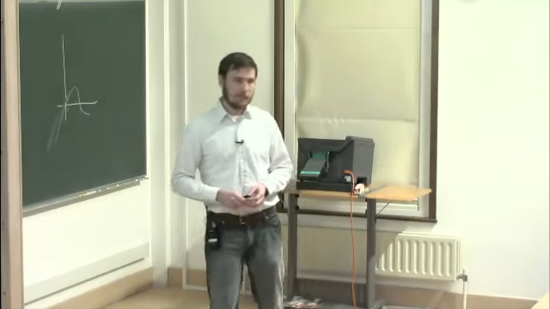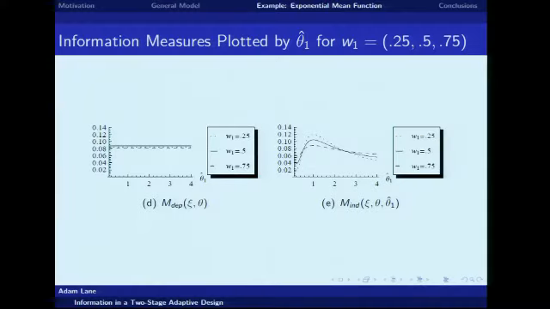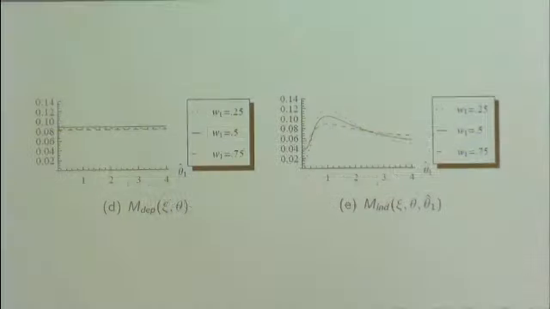All right, so back to information. On the left, we have the theoretical measure, the true measure of information. It's constant with respect to theta hat 1, but the independent measure has a lot of variation in terms of theta hat 1. These plots are taken at W1 values of 0.25, 0.5, and 0.75.